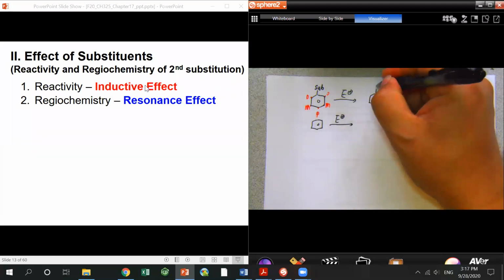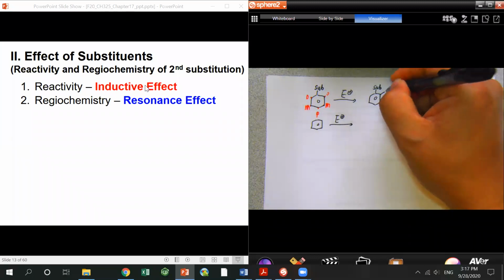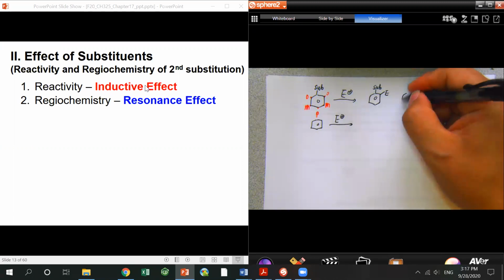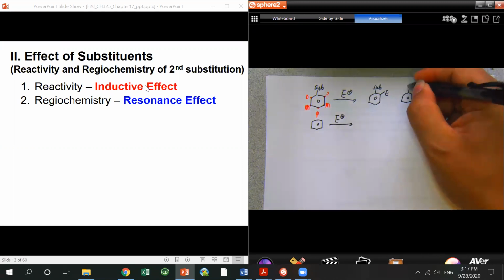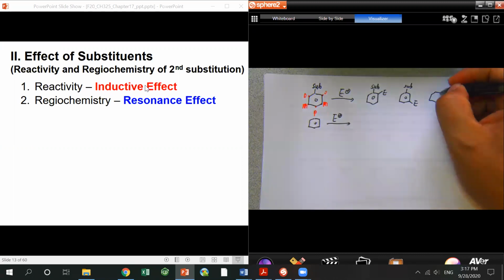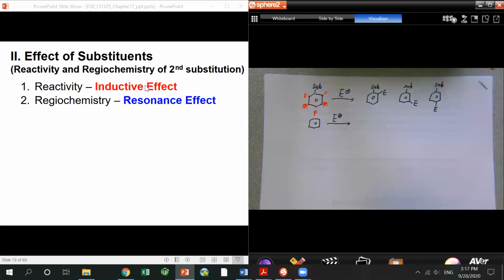So one is the ortho substituted product, one goes to the meta position, and the last one goes to the para position. For the theoretical case, if there's no residual selectivity, you should get all three products.